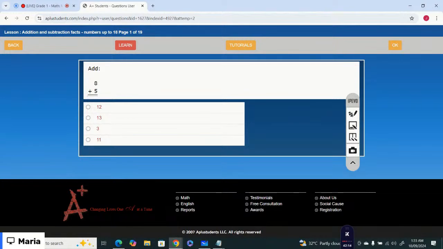8 plus 5. So the correct option is, yes, 13 is the correct option, right?